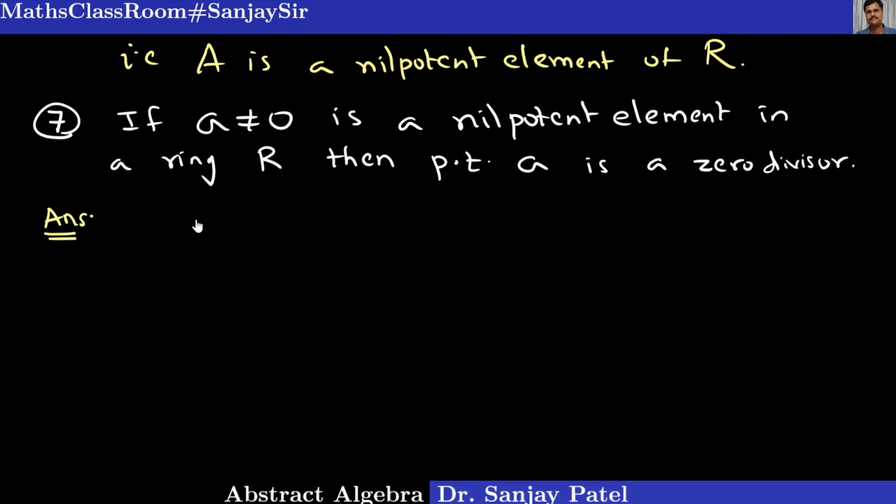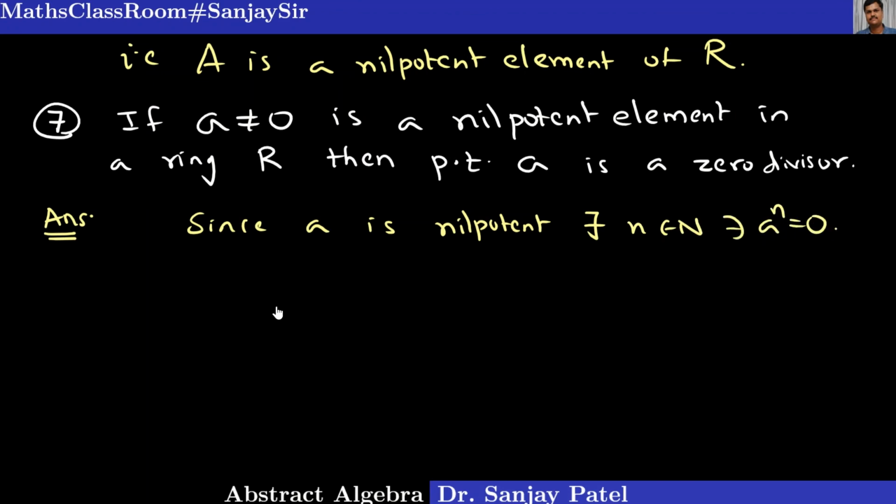So in the ring R, we have A as a nilpotent element. Since A is a nilpotent element, there exists some positive integer such that A raised to that positive integer is equal to 0. So there exists some n belonging to N such that A raised to n equals 0.